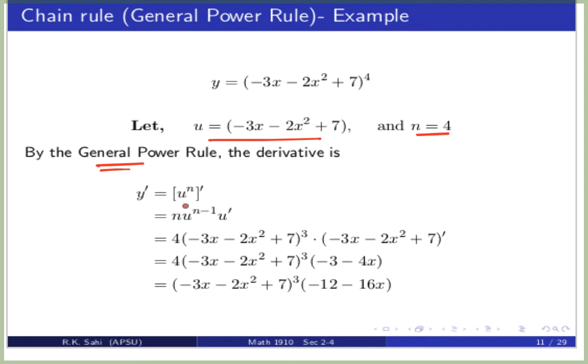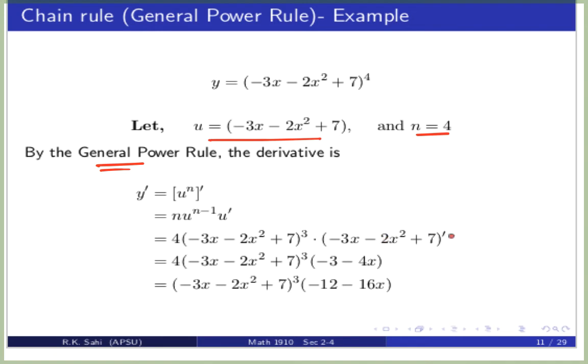Applying the general power rule, you're taking the derivative of u to the power n, which is n times u to the n minus 1 times u prime. Your n, remember, is 4. So 4 comes in the front, the expression u to the power n minus 1, which is 3, and then you take the derivative of the expression u, which is negative 3x minus 2x squared plus 7.